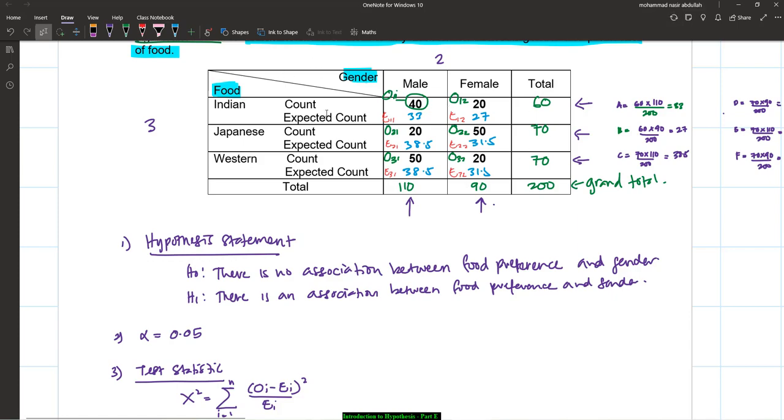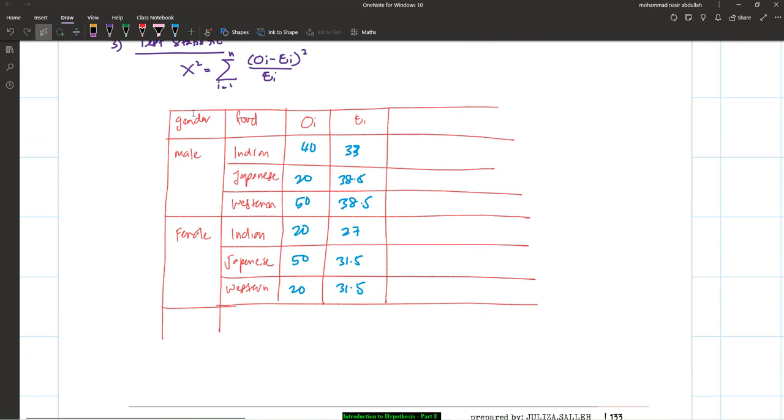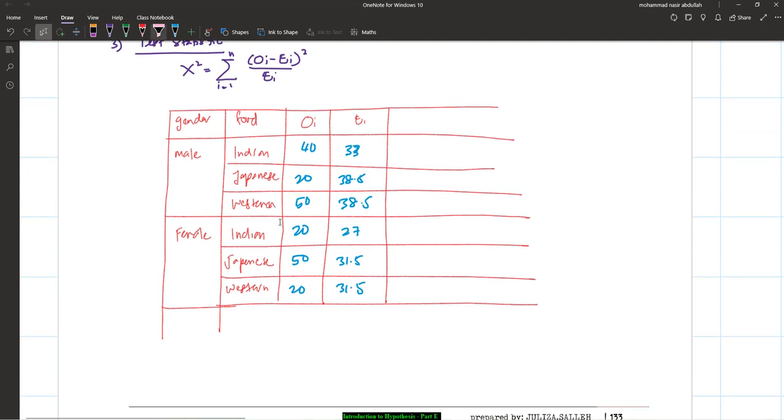From the original table, we have a 2 by 3 cross tabulation table. So I rephrase the table into a long format. The reason why I convert the table to long format is because I want to have this calculated value, which is the first value that we want to find, observed minus expected. So the observed i minus expected i, right?